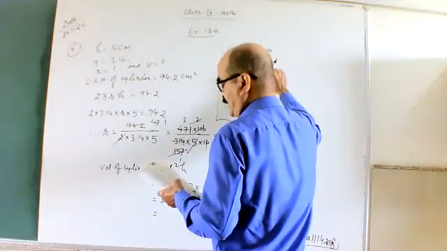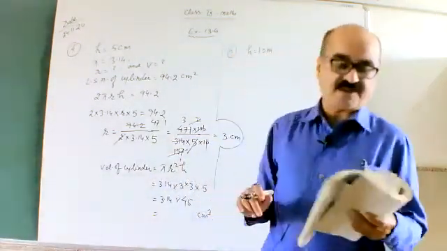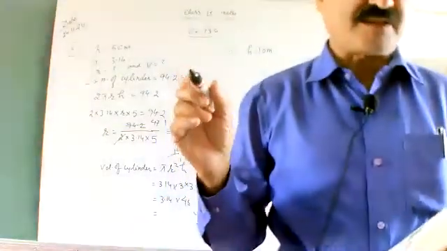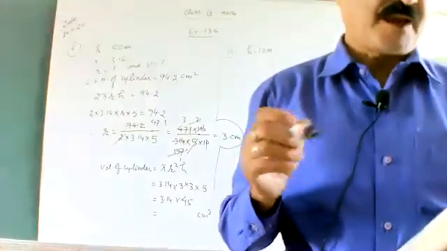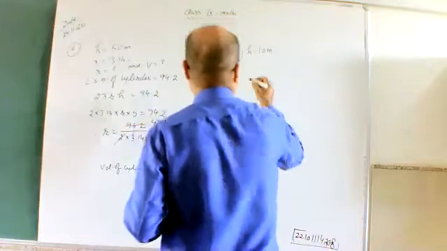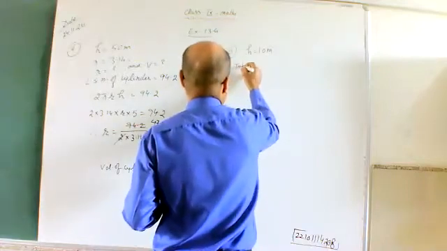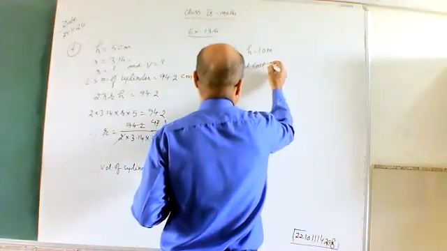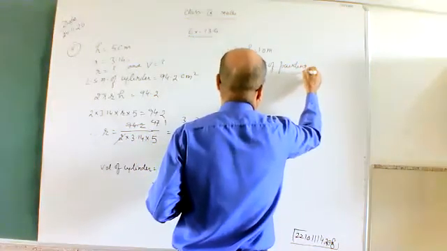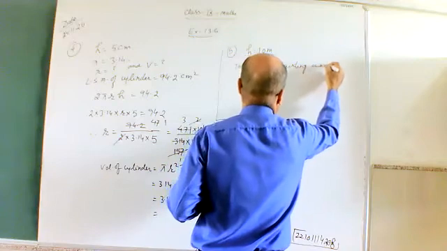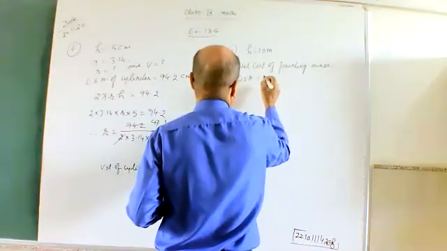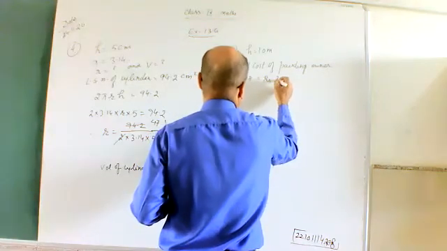Okay. And the cost of painting is rupees 20 per meter square, meaning what is the cost of 1 meter square? It is rupees 20. And the total cost of painting the inner curved surface area is rupees 2200.